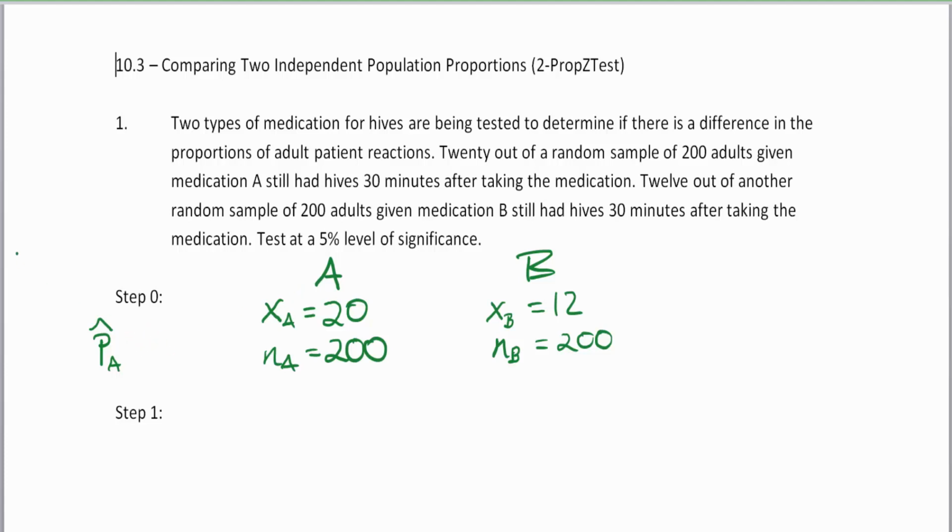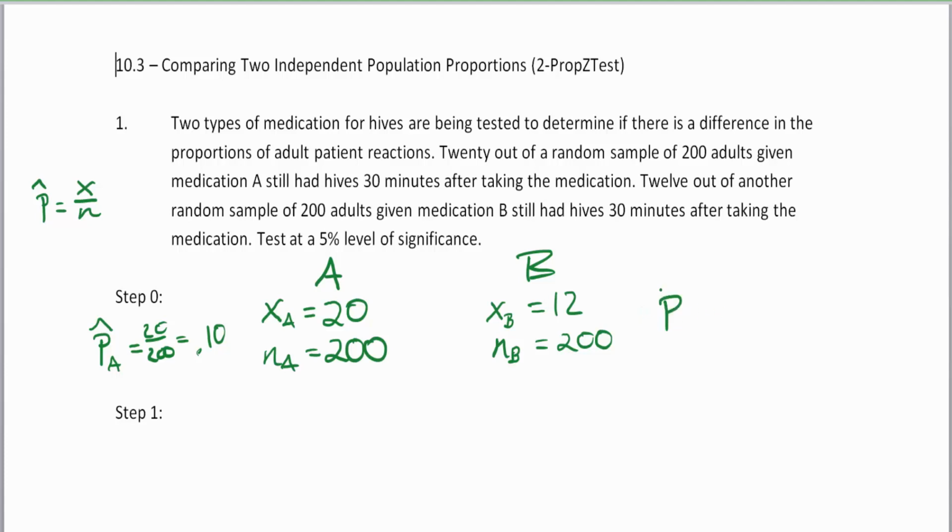So to get P hat, you just divide your X and N. So the percentage chance of having no effect after 30 minutes is going to be dividing your 20 and 200. So your P hat of A is 10%. So you have a 90% chance of having good stuff with this medication, and 10% chance that you'll still have hives after 30 minutes.